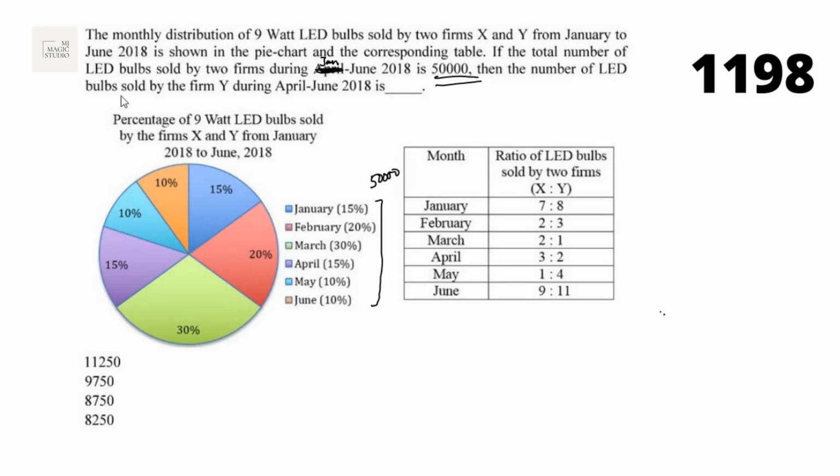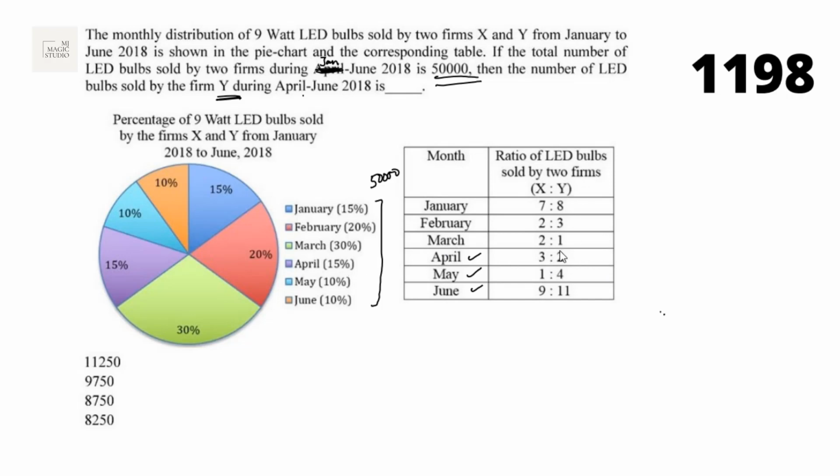Then the number of LED bulbs sold by firm Y from April to June, April, May, June, would be how much? Okay, so in April, 15% of 50,000 are sold and they need to be divided in the ratio of 3:2. 3:2 is 5, 15 by 5 is 3.